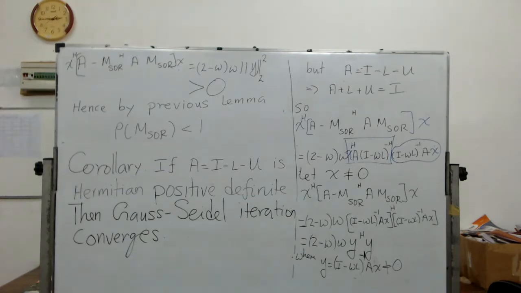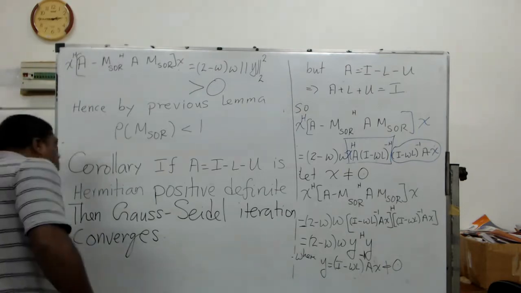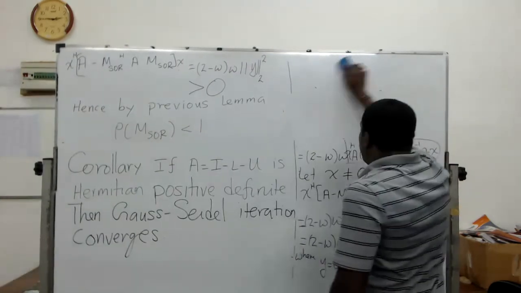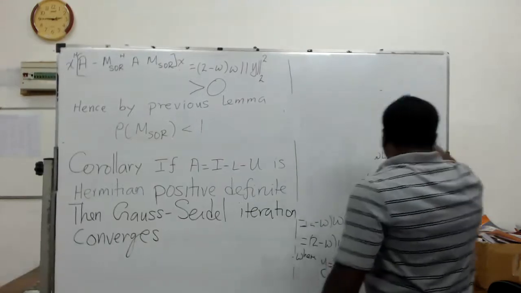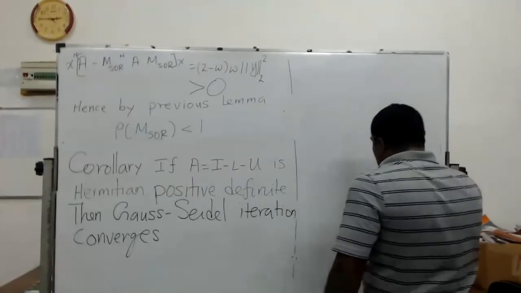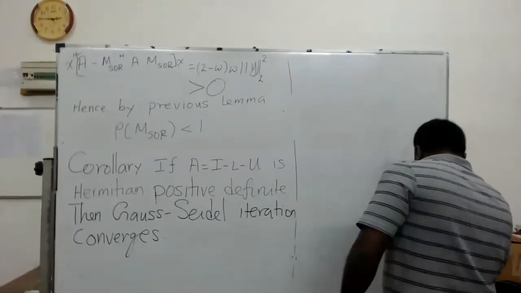The only difference is you put omega equal to 1 in the previous proof and rewrite everything.